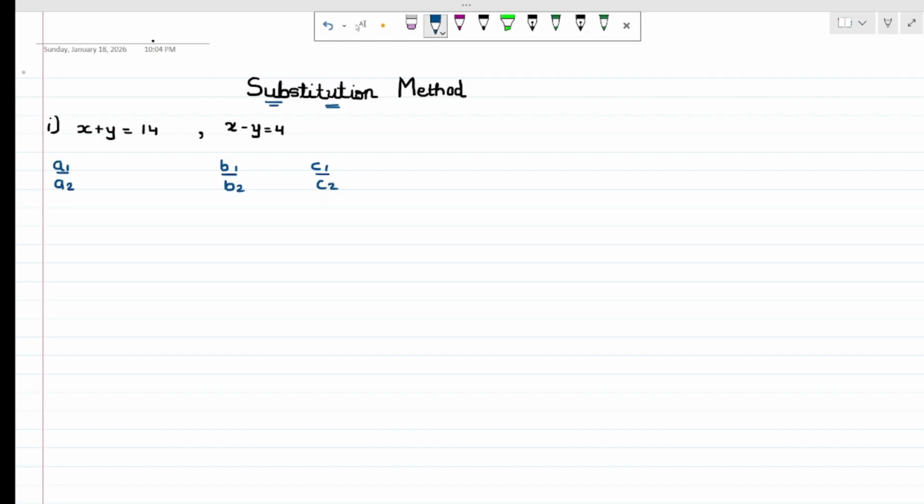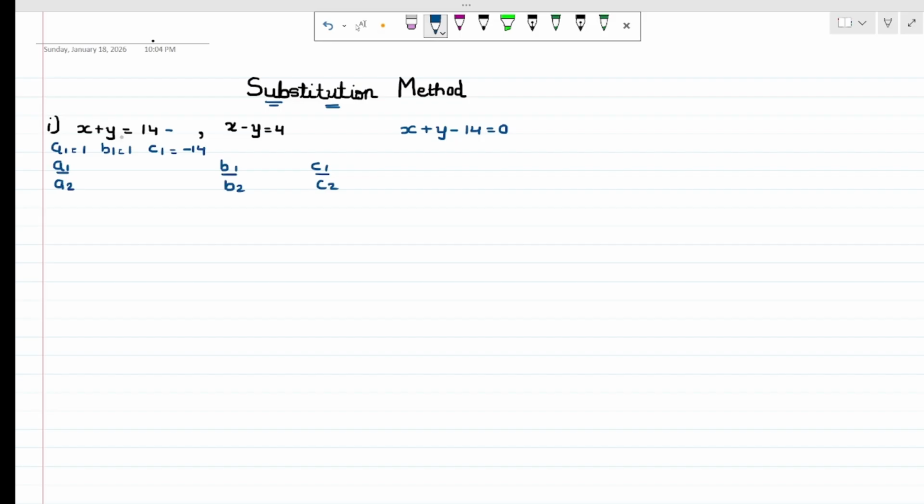So for this case, my a1 will become 1 because the x coefficient is 1. b1 will also become 1 and c1 will become minus 14. Now you will say, why is it minus 14? It's positive 14. So first you need to convert it into your standard form. That means x plus y minus 14 equals to 0. This becomes our standard form.